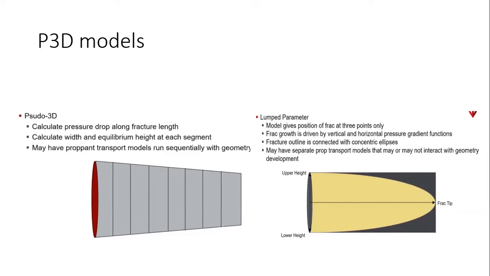The main problem of the pseudo 3D model is the averaging over the pay zone and over the area covered by hydraulic fracturing. And also there is 1D fluid flow.